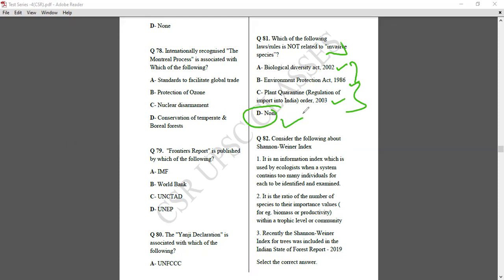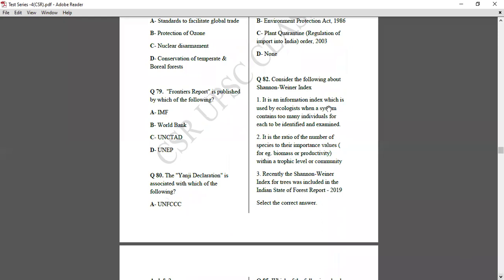Question number 82. Consider the following about Shannon-Wiener index. This term was mentioned in Economic Survey of 2019. It's mentioned in Economic Survey, but it's linked to an environment topic.